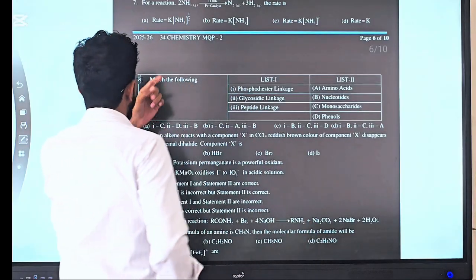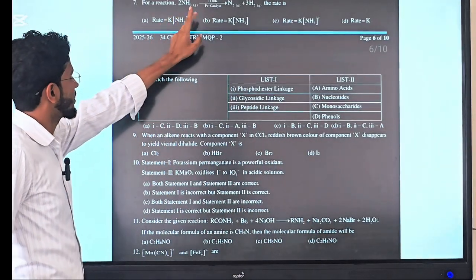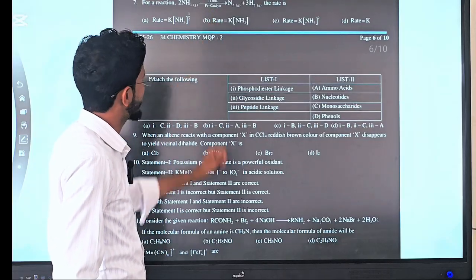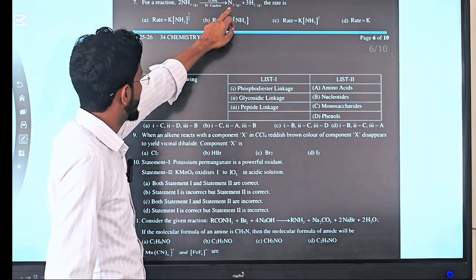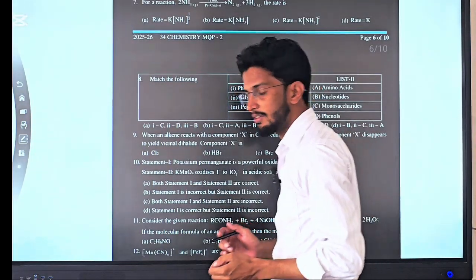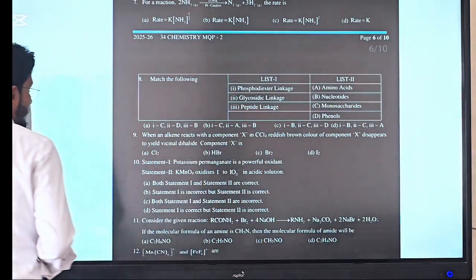Now, next question is question number 7. In question number 7, it is given that 2NH3 at 1130 Kelvin and the catalyst is Pt, platinum, that is solid, gives N2 plus 3H2. What is the rate of this reaction? Now, how can we solve these questions?